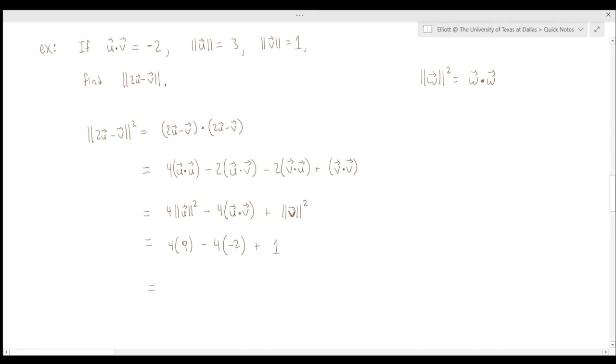And if we just finish adding this up, it'll be 36 plus 8 is 44, plus 1 is 45. So again, that was the length of 2u minus v squared. Then altogether, the length of 2u minus v would be the square root of 45. All right, any questions about that example?